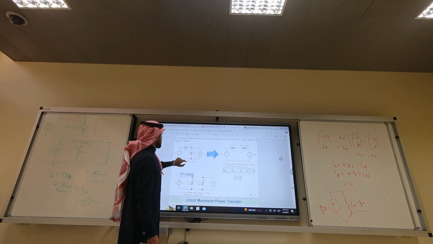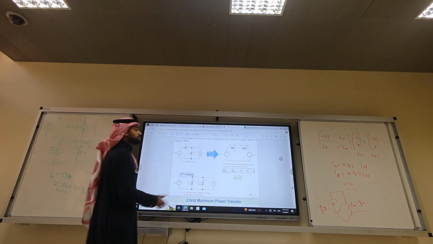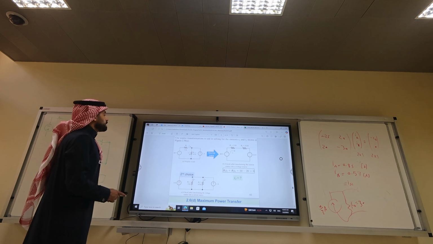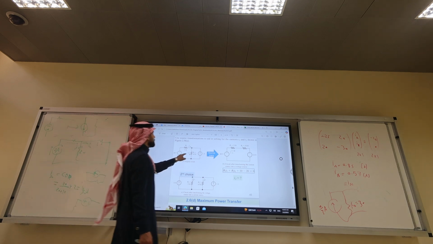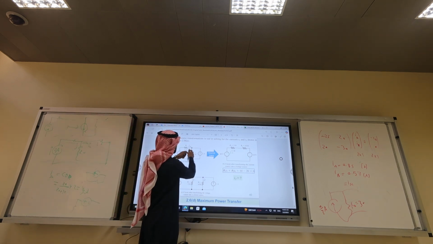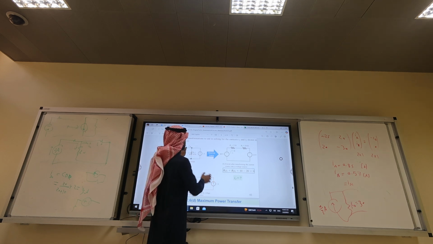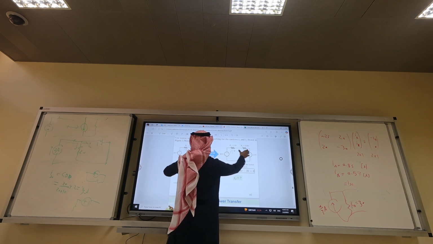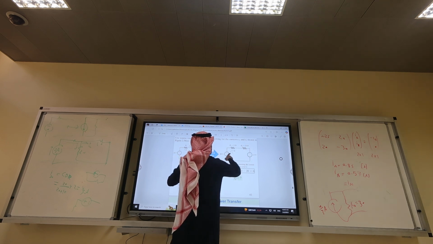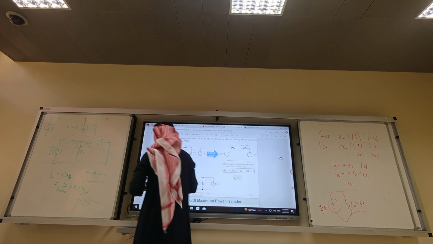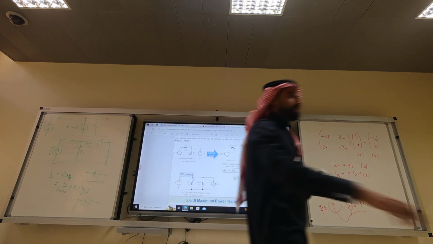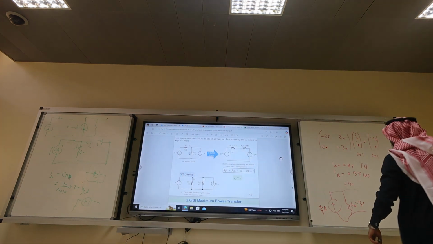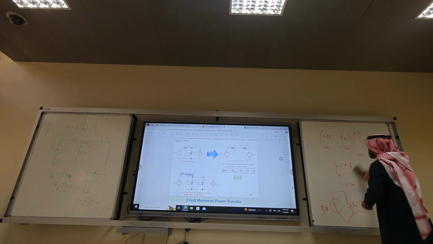Here we're going to do a quick example. If you use source transformation, this will be this block. We can replace it with 10 times 1 volt, a 10 volt source, and the 10 ohm will be here. Then you can calculate I1. What is I1? You can use KVL, or you can use the node voltage formula.